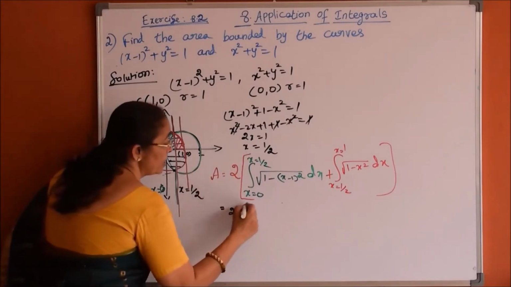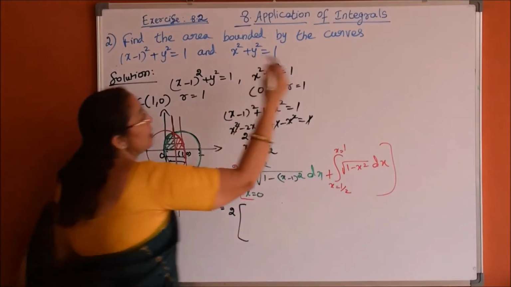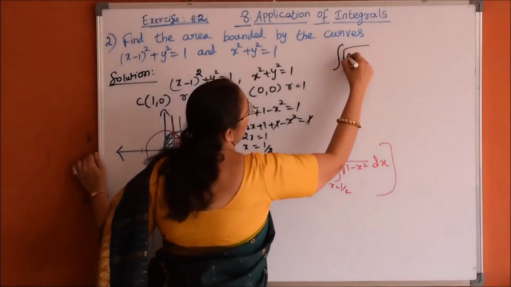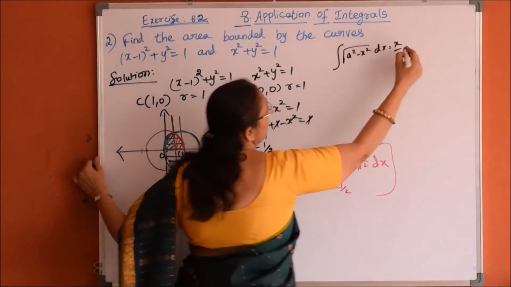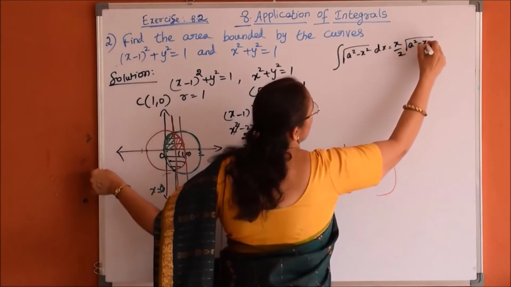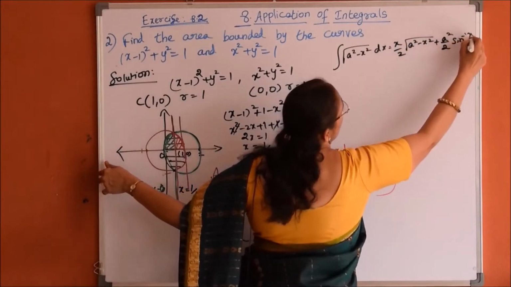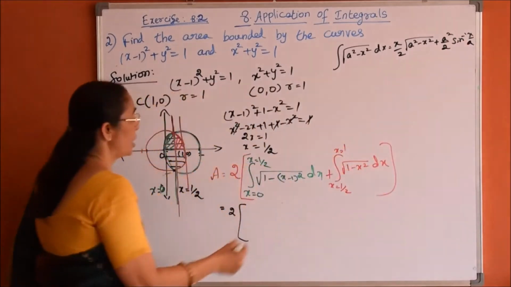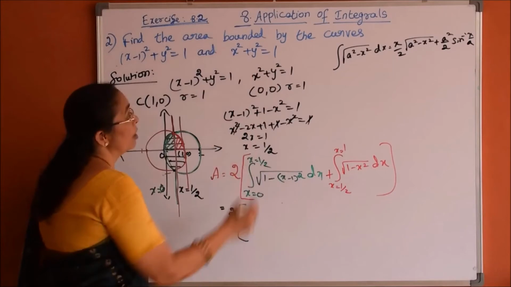So, twice here, the root over a square minus x square formula. The integration of root over a square minus x square dx is x by 2 root over a square minus x square plus a square by 2 sine inverse of x by a. So here in the x place we have x minus 1, but we can use the same formula.